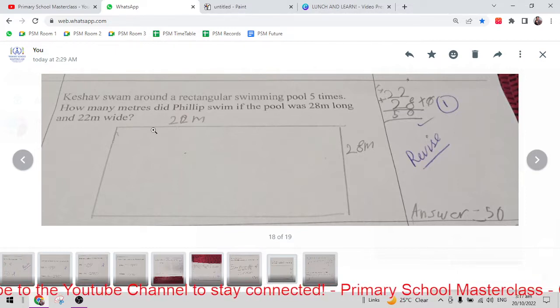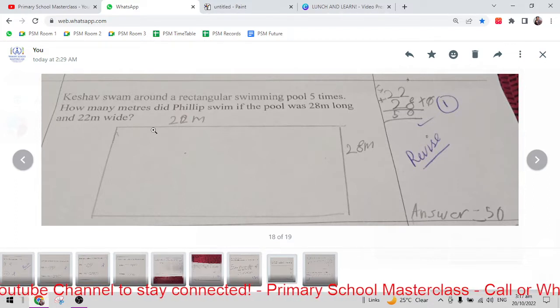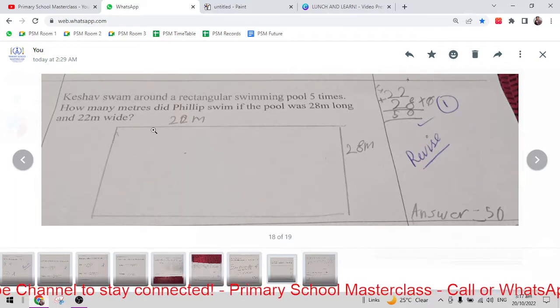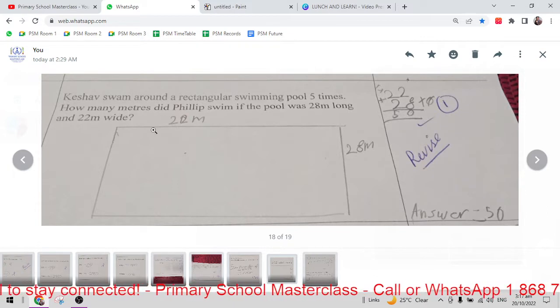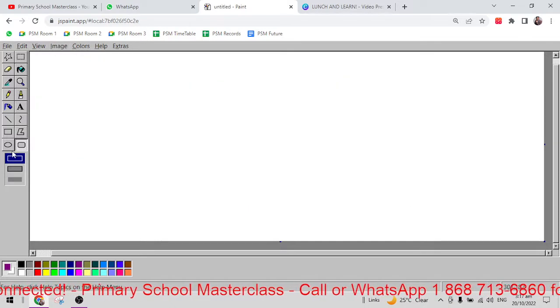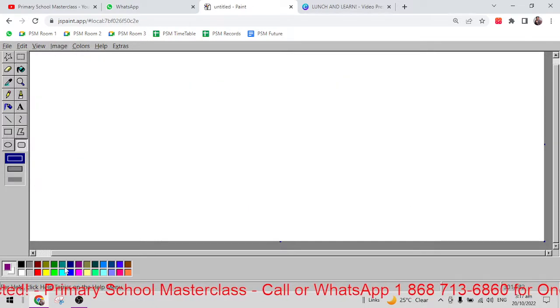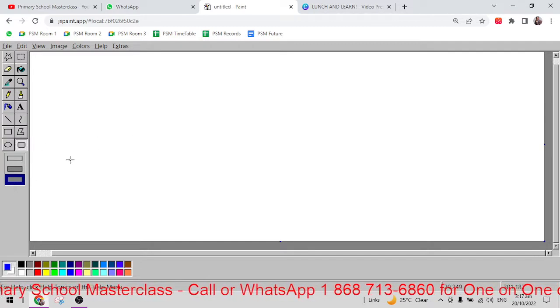So the perimeter of the pool, the drawing is correct there, right? I think actually the numbers are mixed up. I think the 28 meters should be on the longer side and the 22 should be on the shorter side. So let's go with blue because our pool is generally blue, right?